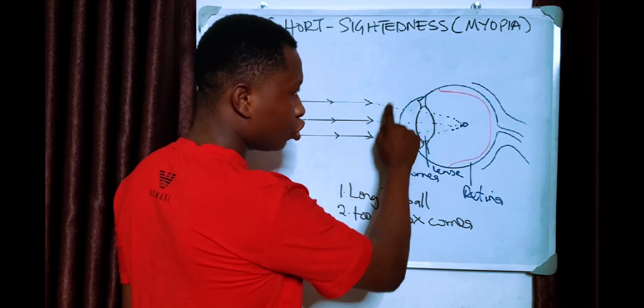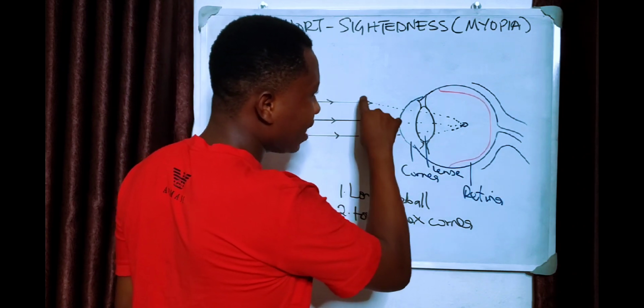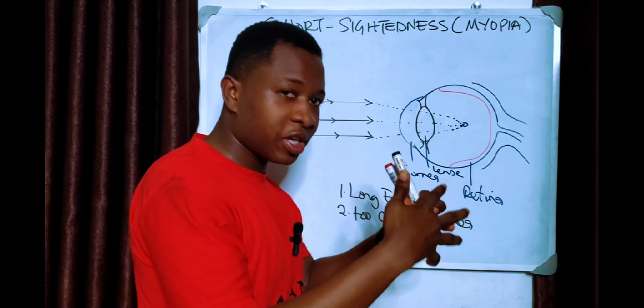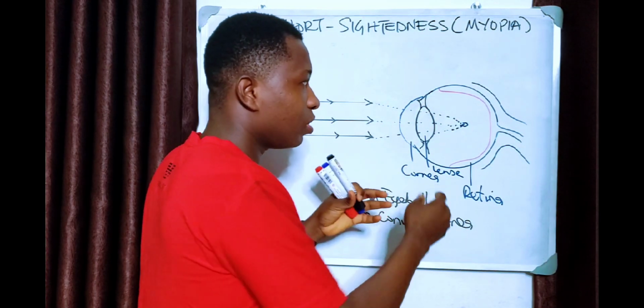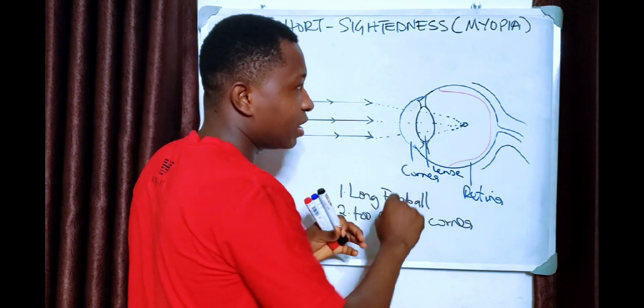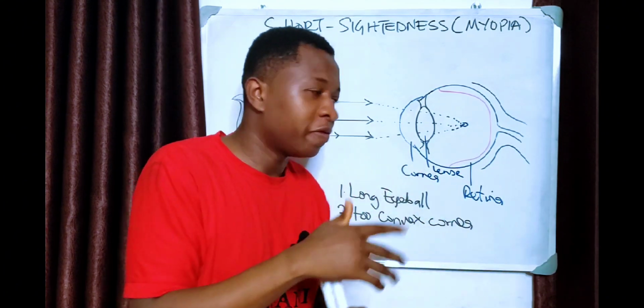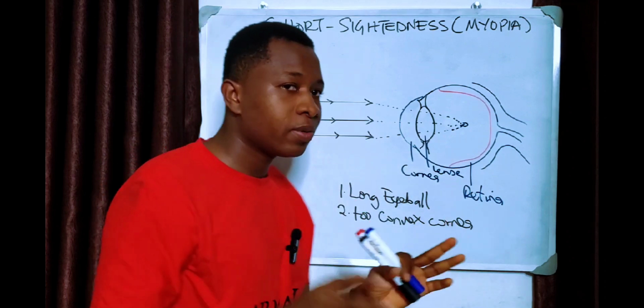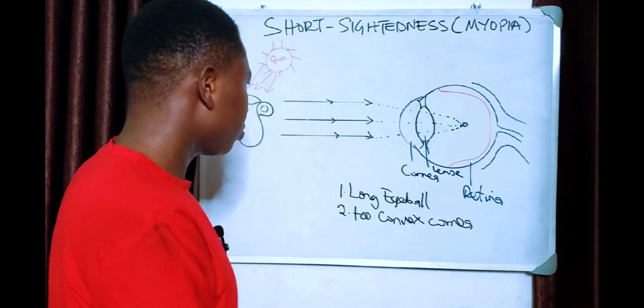When the light gets to the cornea, it converges too quickly. So before it gets to the retina, it has already converged and an image will not be formed. These are the two reasons why this can happen.